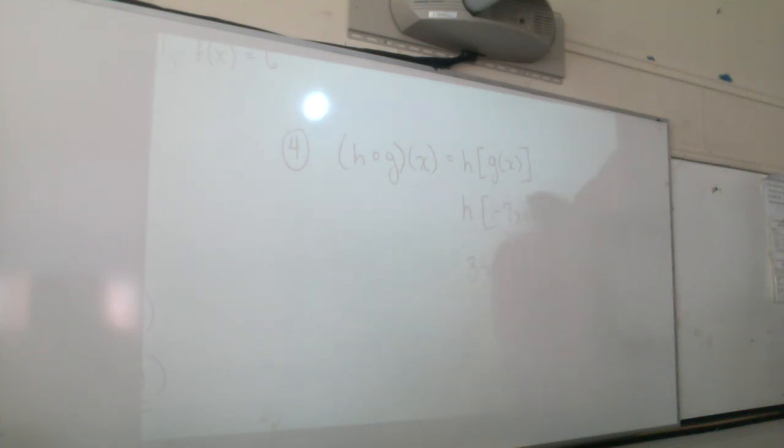Now I'm going to take this entire thing, the entire expression, and put it in for x. So I've got 3 times negative 7x plus 1 plus 3. 3 times negative 7x is negative 21x. 3 times 1 is 3, and then I'm going to bring down that plus 3.